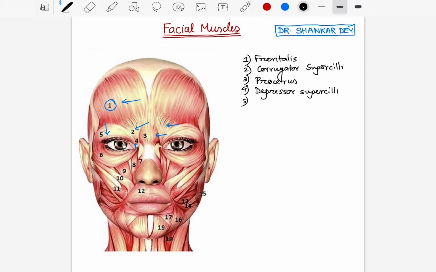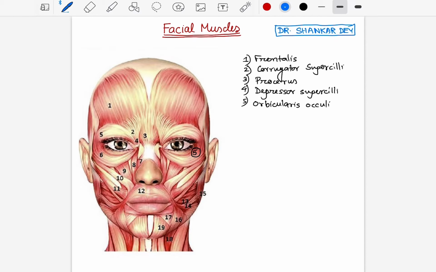Number 5 muscle is orbicularis oculi, the rounded muscle around the orbit or eyeball. So these are muscles 1, 2, 3, 4 and 5.